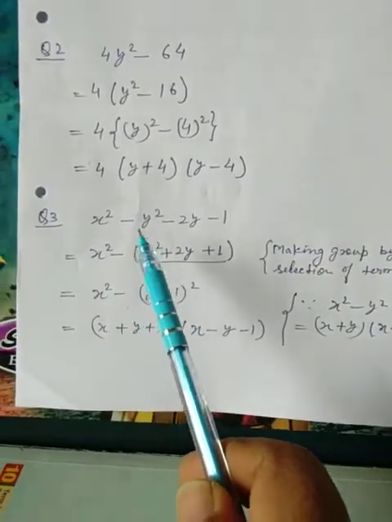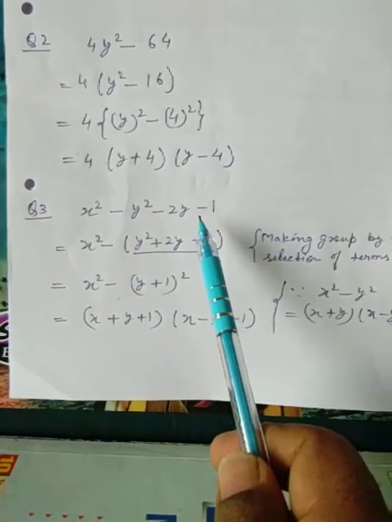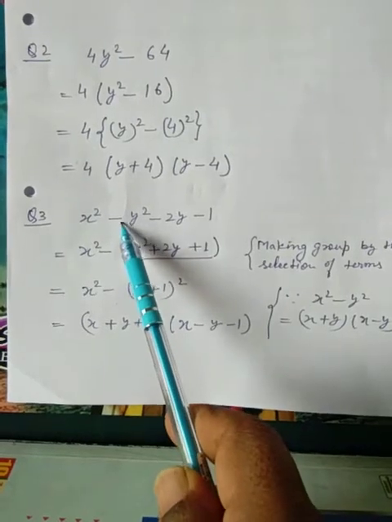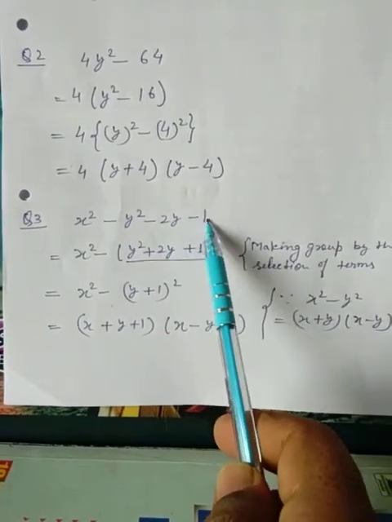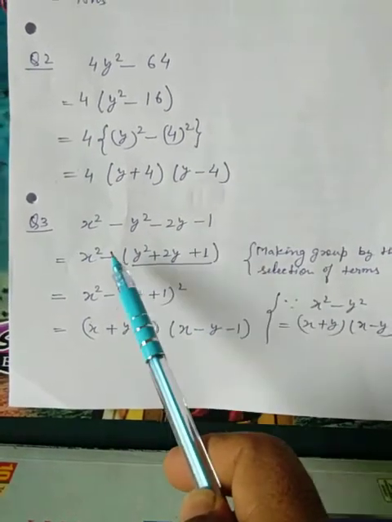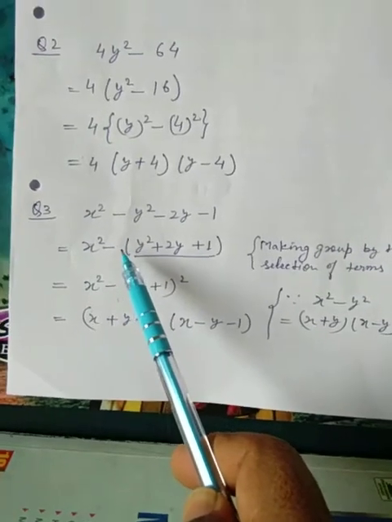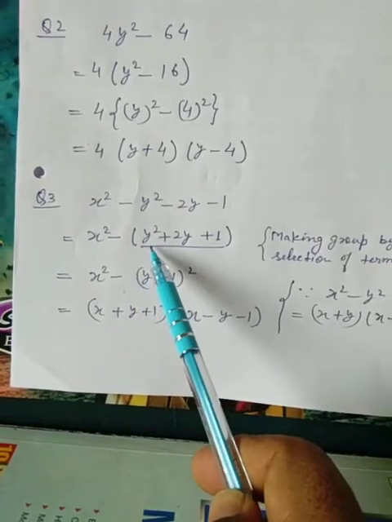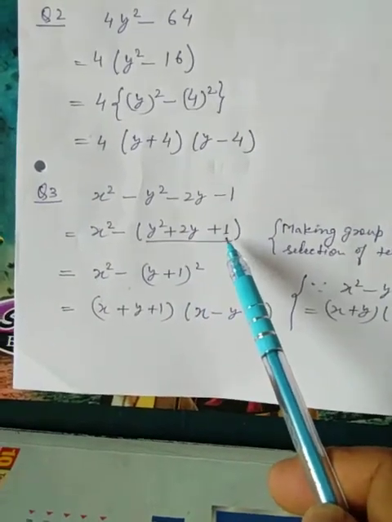So I have made a group of the last three terms. It is very clear, if you take the common in the last three terms, minus y square minus 2y and minus 1, the common is minus 1, and after taking the minus sign you can see this is y square plus 2y plus 1, right?